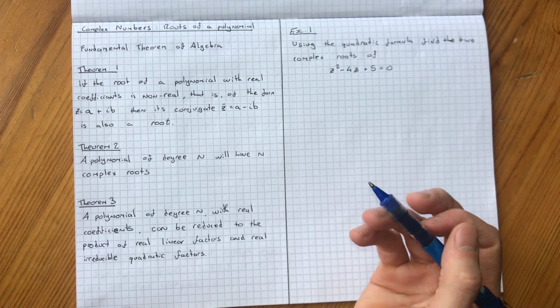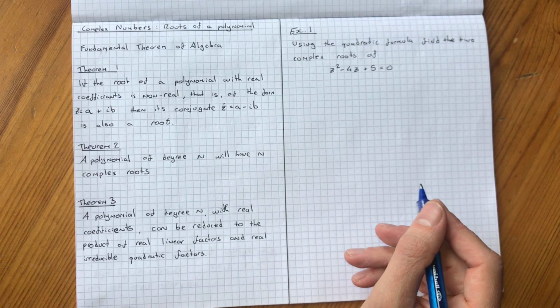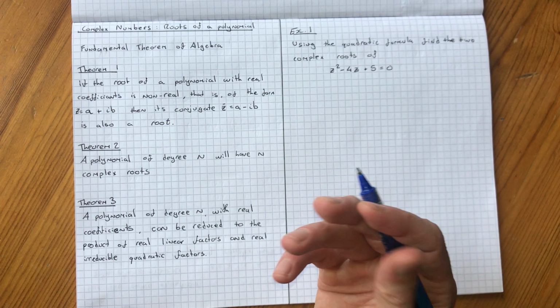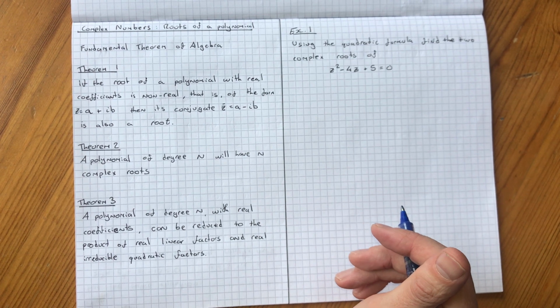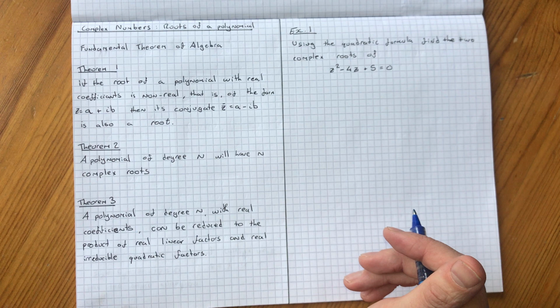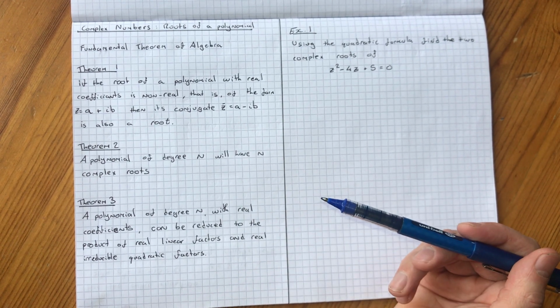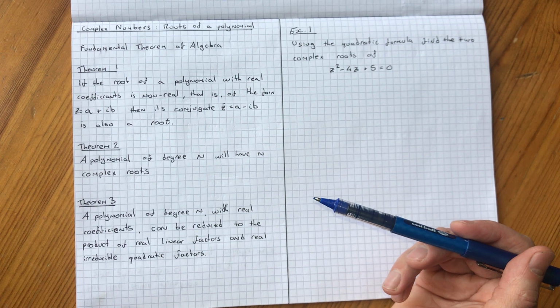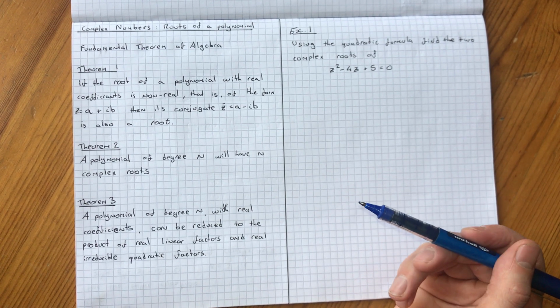The effect that this has is if the highest power in a polynomial is 5, so you've got x to the power 5 or z to the power 5 in terms of complex numbers, you're going to have 5 roots. If it's z to the power 3, then you have 3 roots. If it was z to the power 15, you would have 15 roots. And lastly, a polynomial of degree n with real coefficients can be reduced to the product of real linear factors and real irreducible quadratic factors.